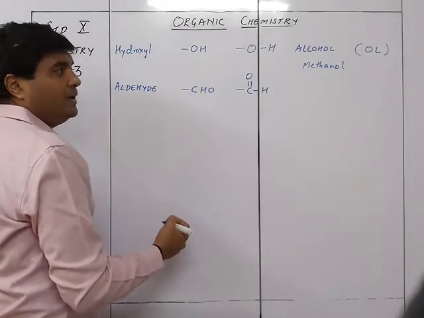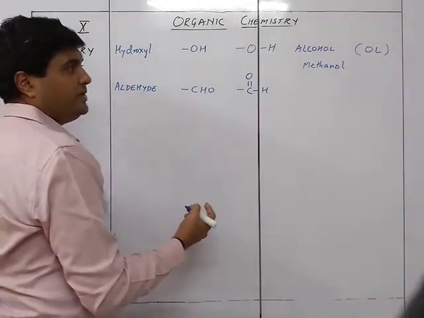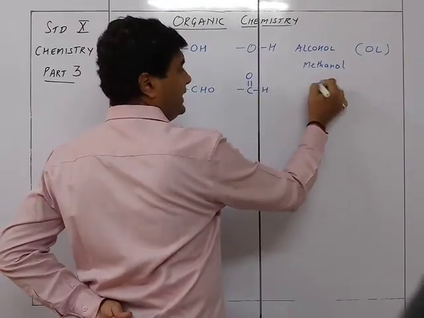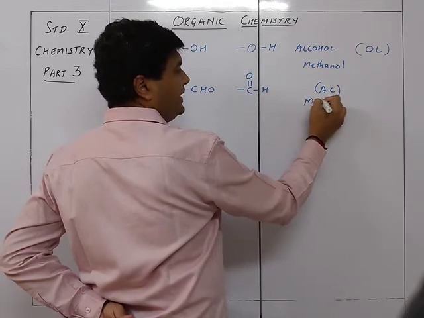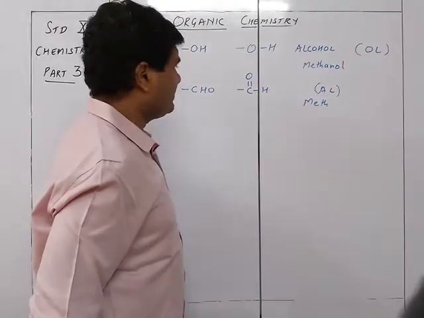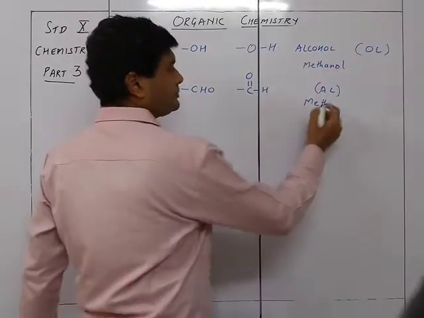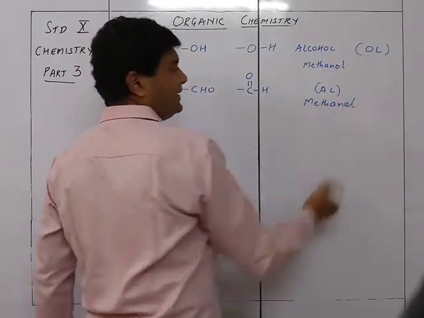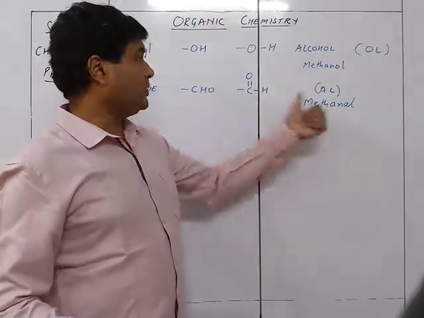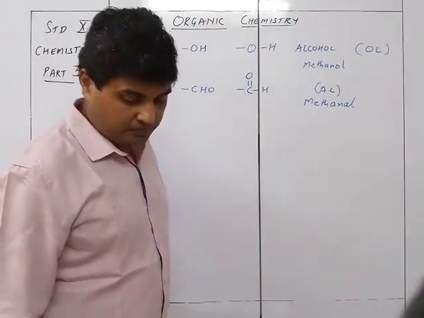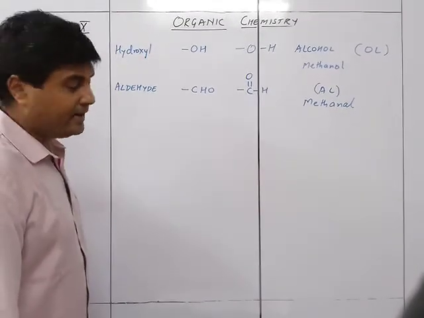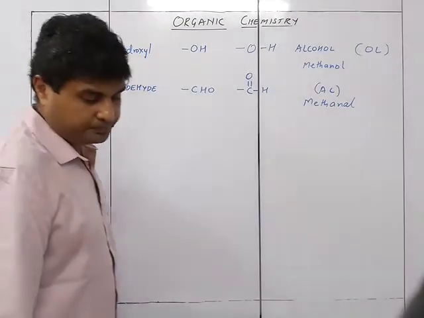Aldehydes end with the suffix AL, so this will form methanal. So that is the aldehydic group, CHO.